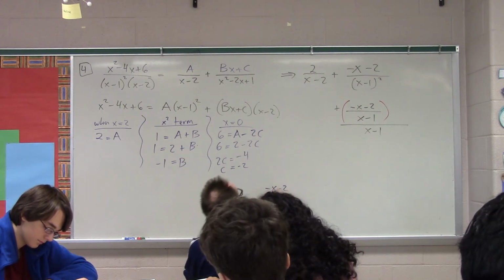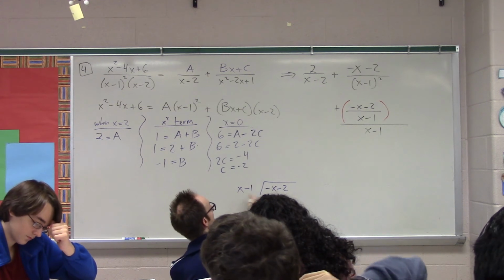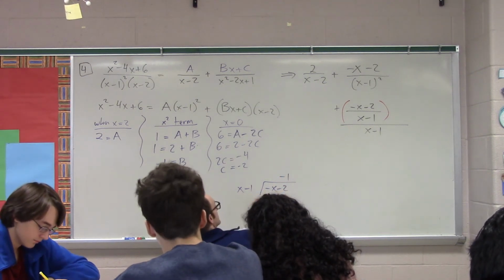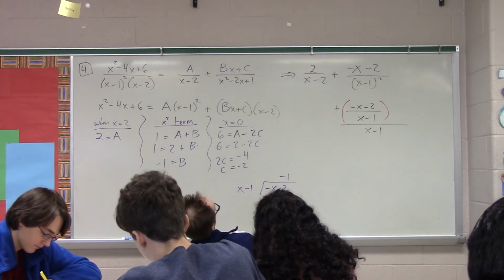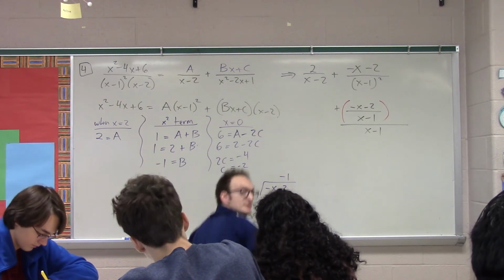Negative x minus 2, give me like 1 more minute. Divided by x minus 1, what do we get? It goes in negative 1 times, right? Say right? Right. So that's negative x plus 1. So that's minus 3. Right, so that's pretty easy.